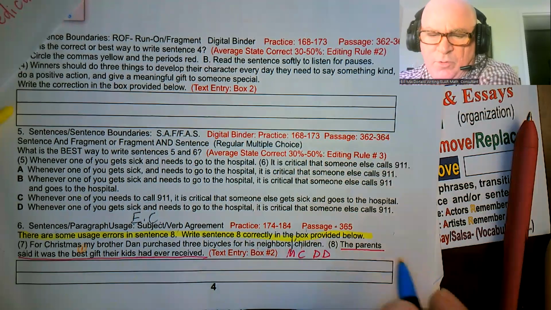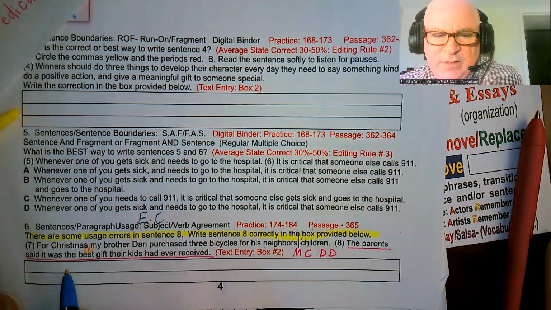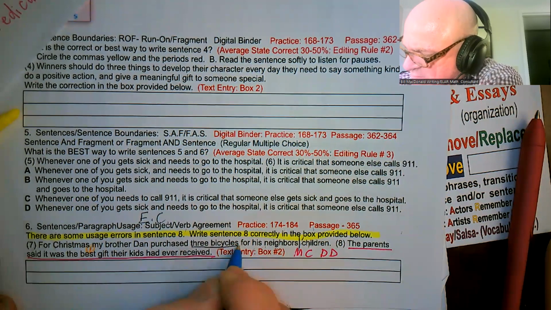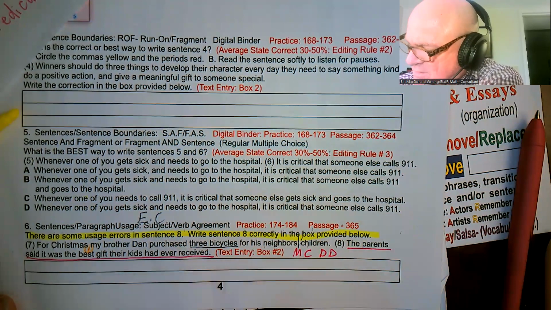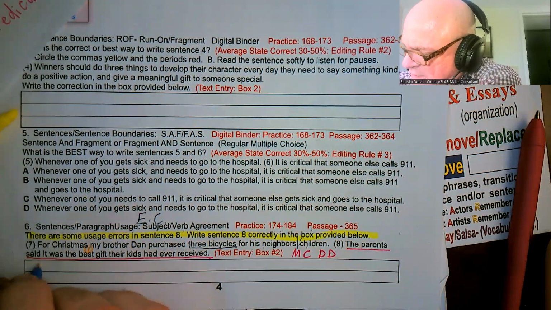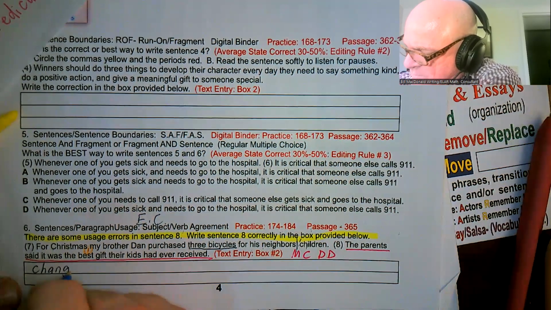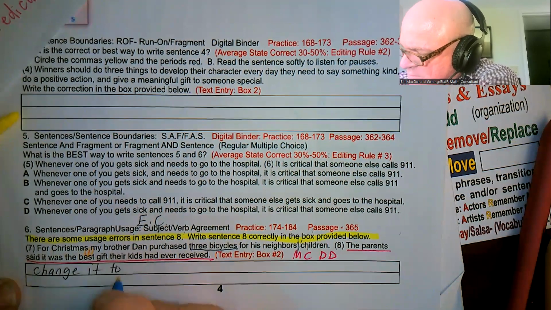Okay. So when you look at sentence 8, first thing it says, it was the best gift. Well, since 3 bicycles is plural, the first mistake was, change it to they.